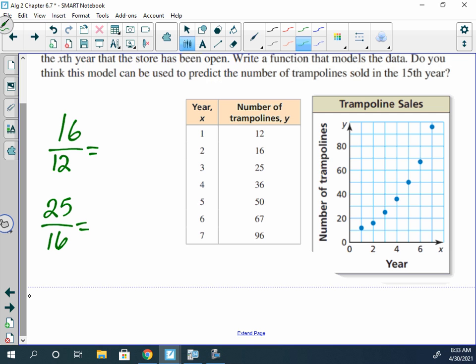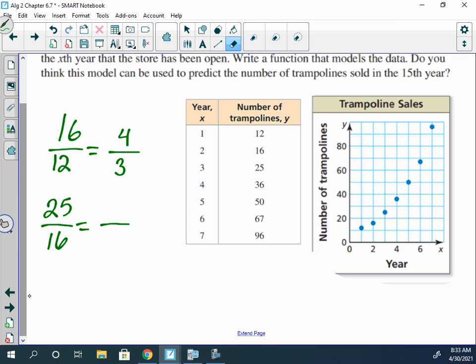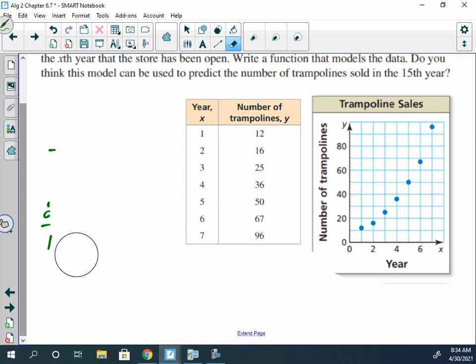And if we simplify these, well, 16 over 12 would reduce to 4/3. 25 over 16 won't reduce. 36 over 25, well, these don't have a common ratio to them, but it probably is going to be considered exponential.